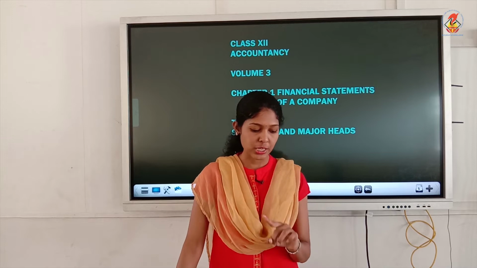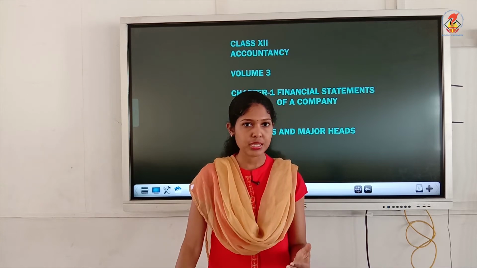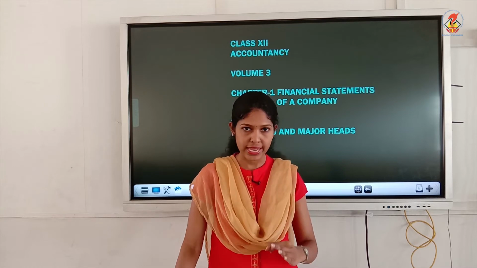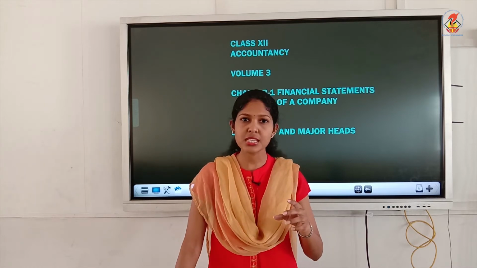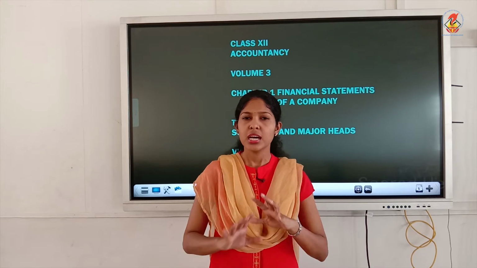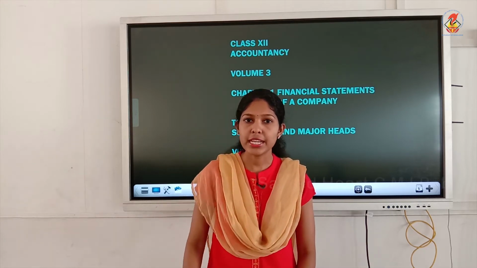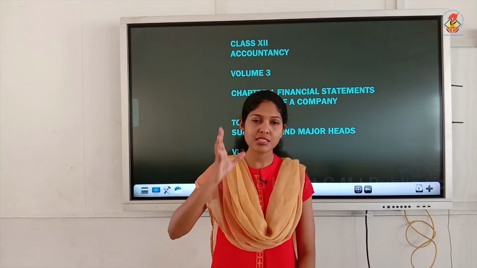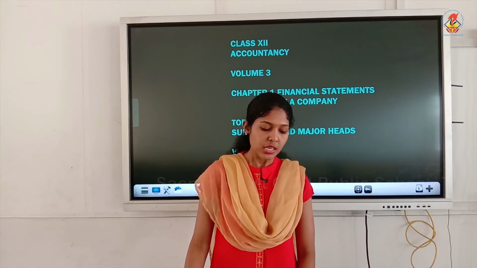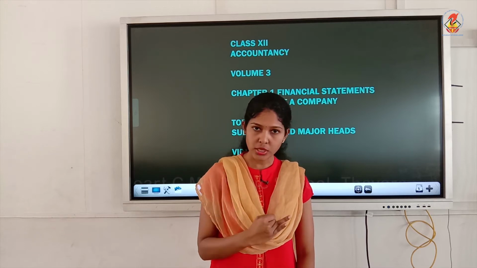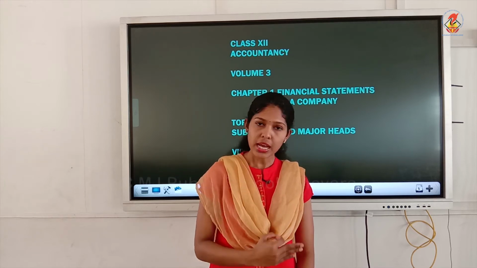The first section, you know, is equity and liabilities. Below that, we have 3 major heads. Okay, equity and liabilities, we can't call it a major head. That is just the classification, that shows the classification of liabilities. So under that, the 3 major heads are shareholders fund, non-current liabilities and current liabilities.